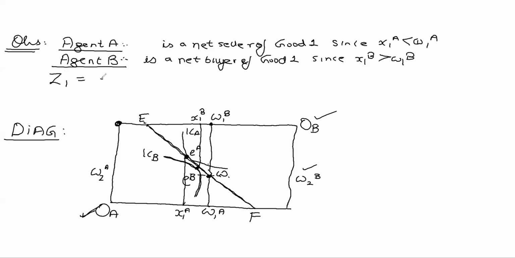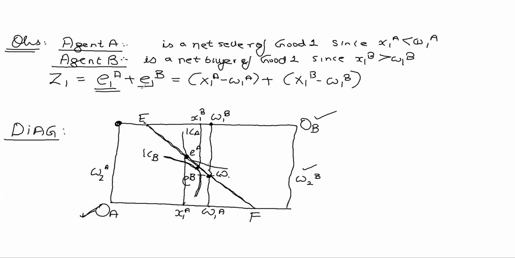So Z1 is nothing but E1A plus E1B. E1A is X1A minus omega 1A, plus E1B is X1B minus omega 1B. Recall Z1 is the excess demand for good 1 by agent A plus excess demand for good 1 by agent B.